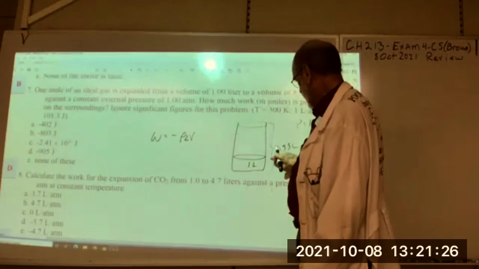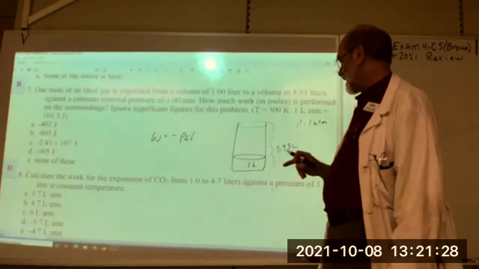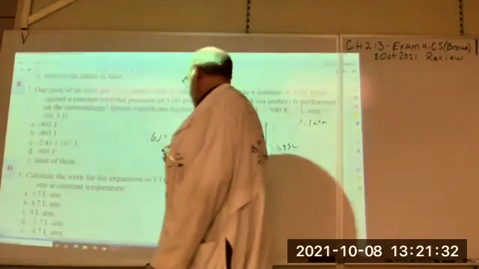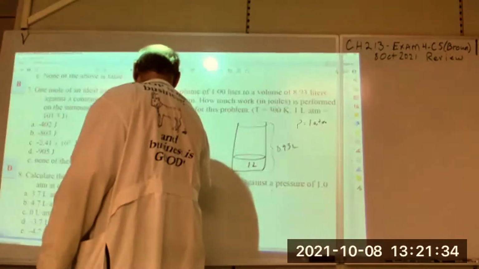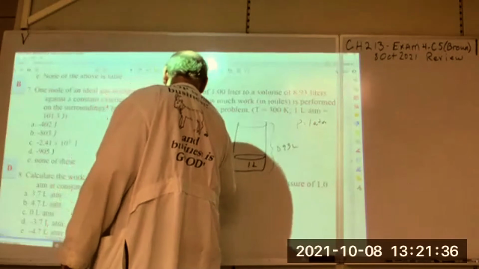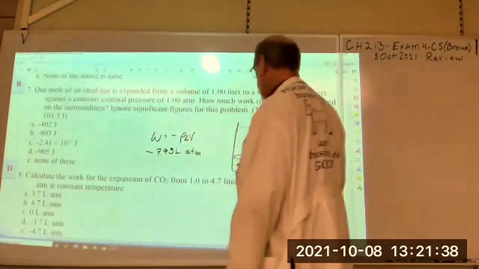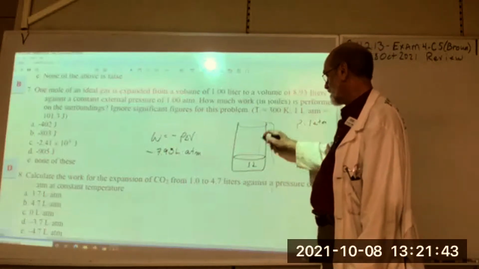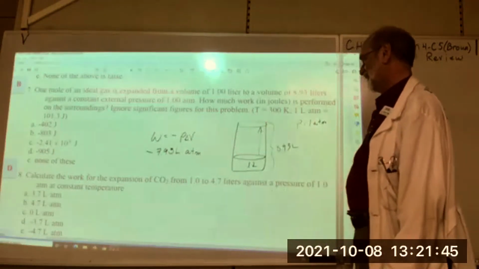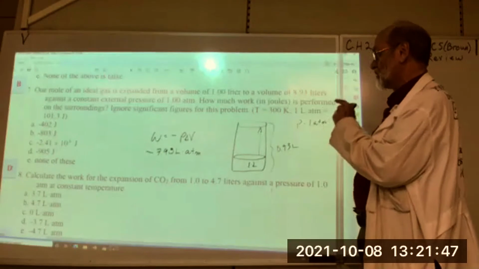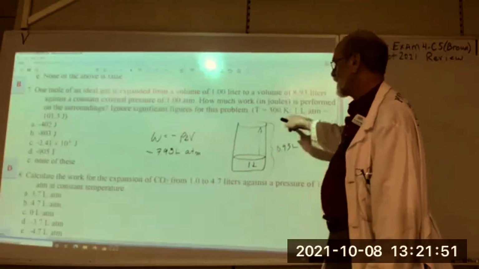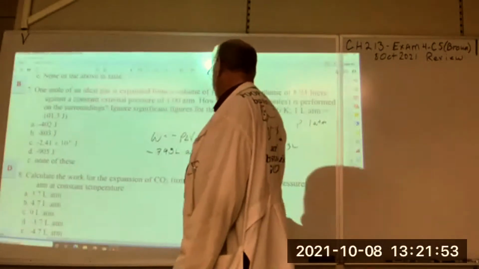So the volume change is 7.93, times 1. So it's a negative 7.93 liter atmospheres of work was done by the gas on its surroundings as it expanded. Okay. Now we have to convert those units to joules. That's what this is for right here. 1 liter atmosphere equals 101.3.